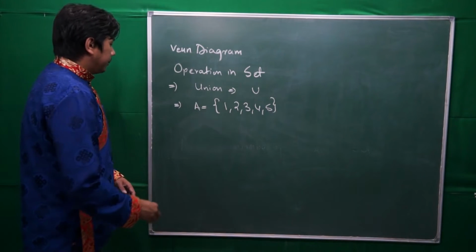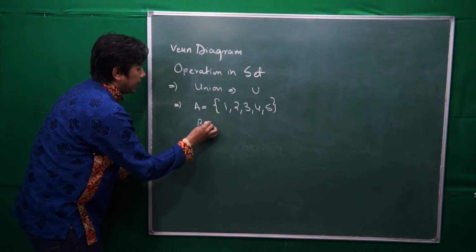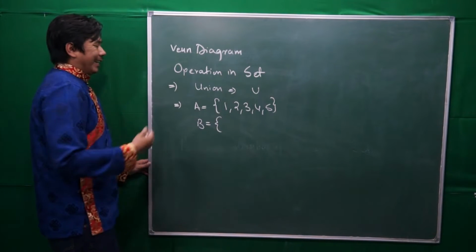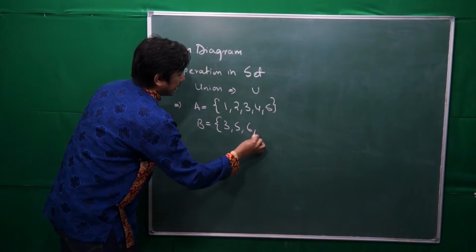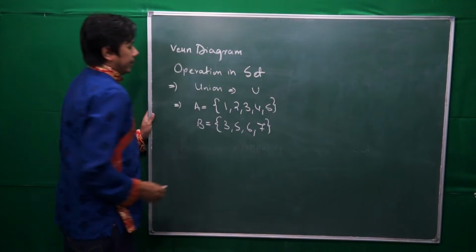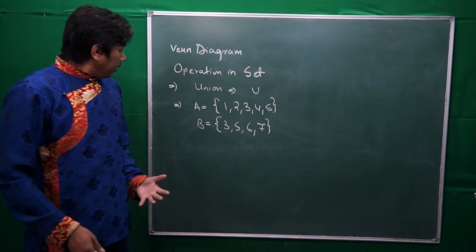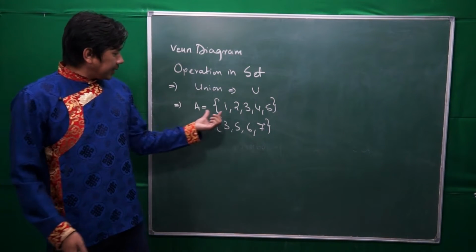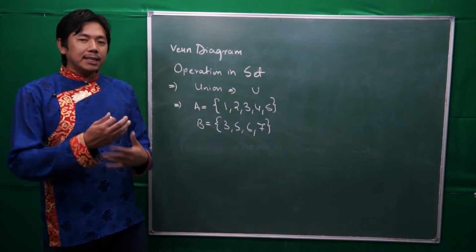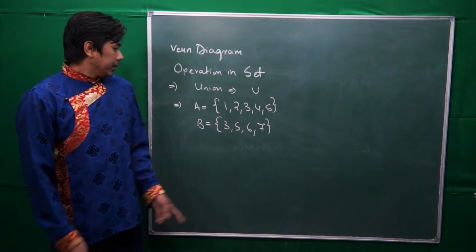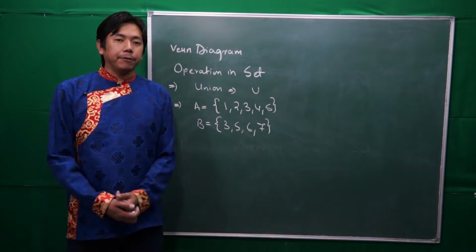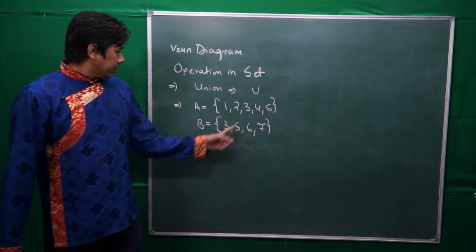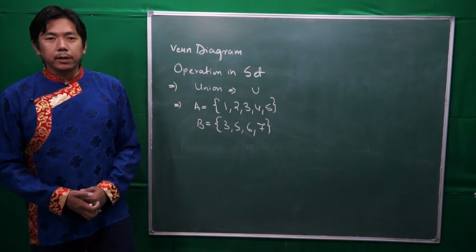Similarly, we have set B. Let's say it has elements 3, 5, 6 and 7. Looking at the structure of the sets A and B, we see certain common elements: 3 and 3, 5 and 5. Rest all are different.